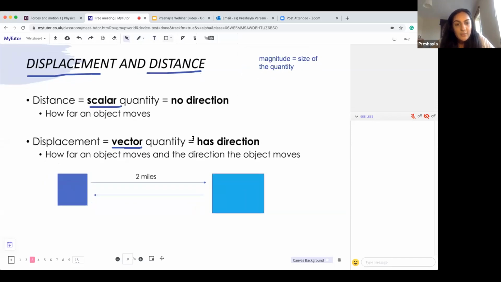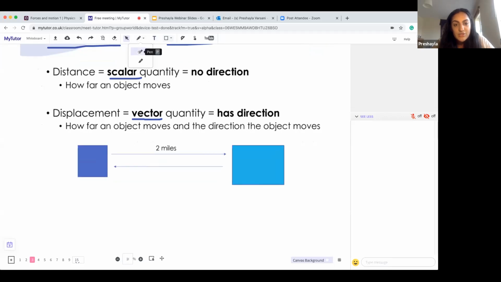So a little example that I'll use is this example here, which takes your house. So let's say your house is on the left and your school is on the right, okay? And it might be 2 miles to your school, just as an estimate. Now to work out the distance there and back, all we need to do is do 2 miles plus 2 miles.